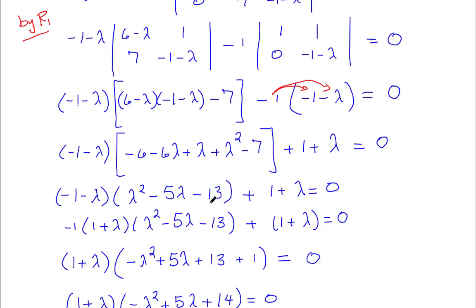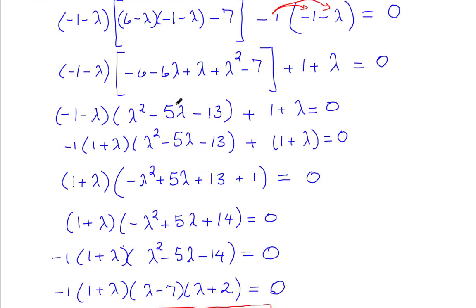Now I don't really want to multiply this out, and so what I'm noticing is the following. I can factor a minus 1 out of this first piece, and then this piece is in common to both terms, so factor it out. And then I'm left with minus 1 times that piece plus the 1 that's sitting in the front there.